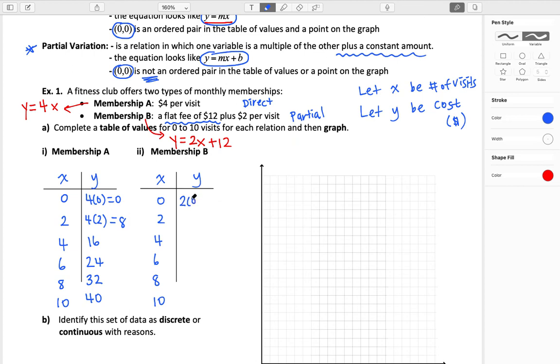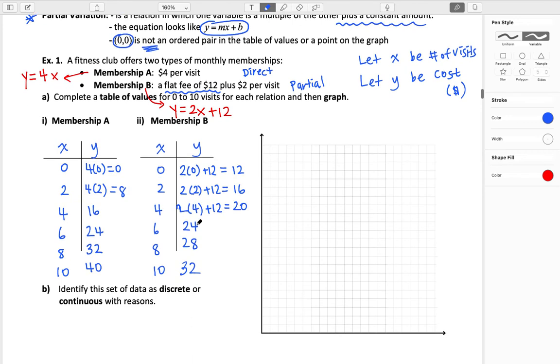So 2 times 0 plus 12 is 12. 2 times 2 plus 12 is 16, and so forth. So you'll be doing 2 times 4 plus 12 is 20. And that's it.